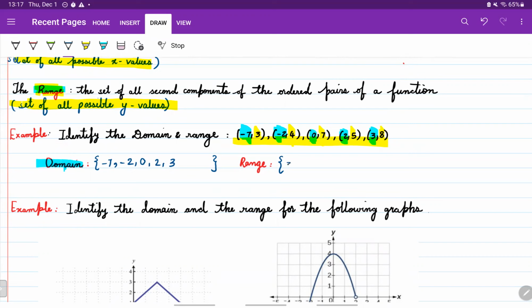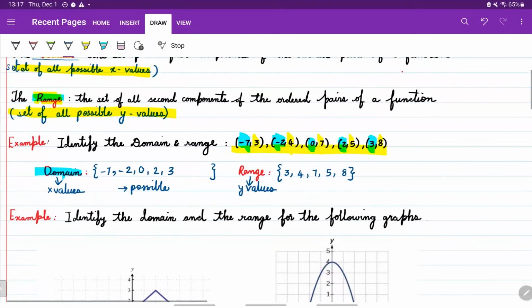So all the x values make the domain, and all the y values make the range. And they're always the possible x values and y values of a function.